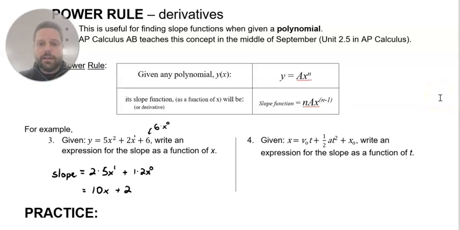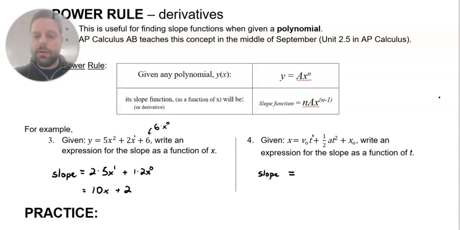We can also do it symbolically with this expression over here. If we were trying to figure out the slope of this, and by the way, the slope actually would be the velocity, then we would be taking the derivative of x with respect to time. So then we'd have to look at t as being to the 1 power.